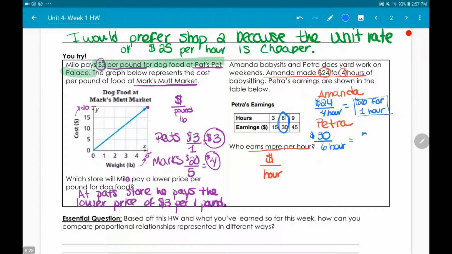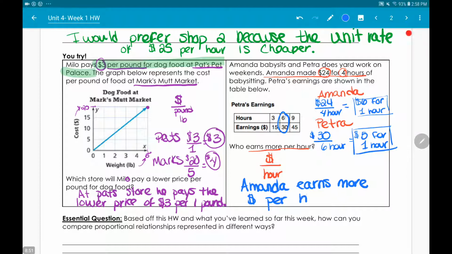And that equals $5 for 1 hour. All right, so who earns more per hour? Based off our unit rate, Amanda earns more money per hour.